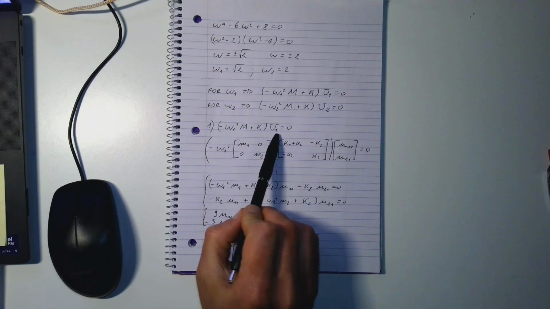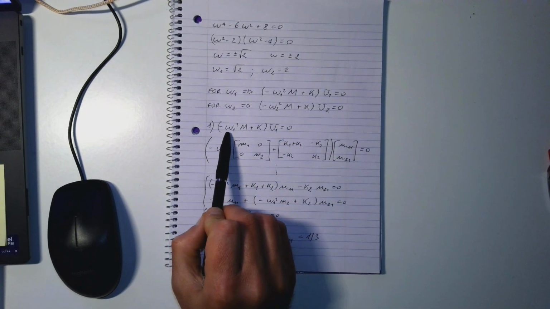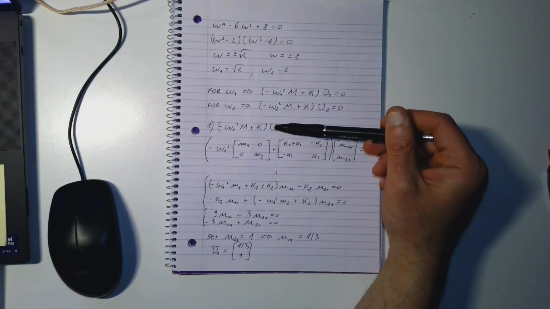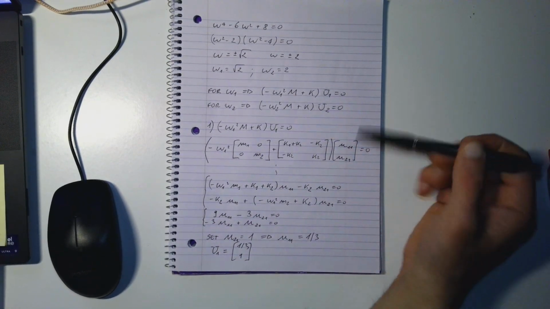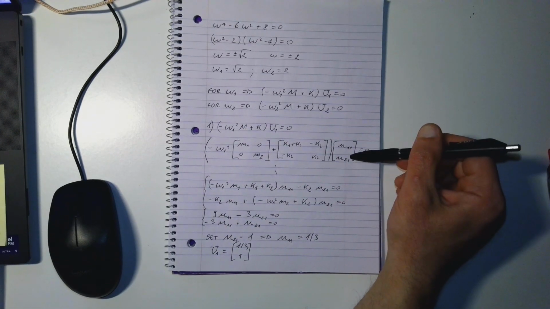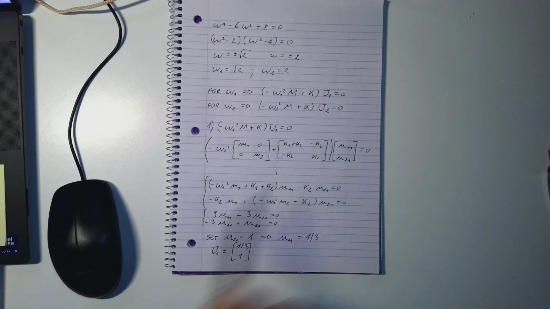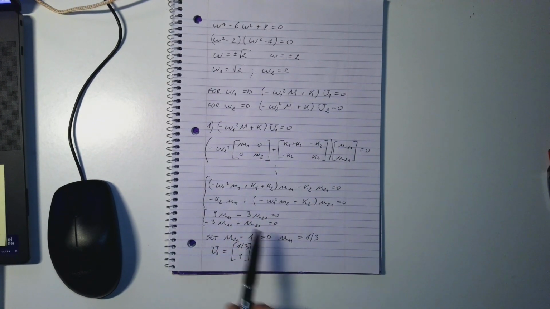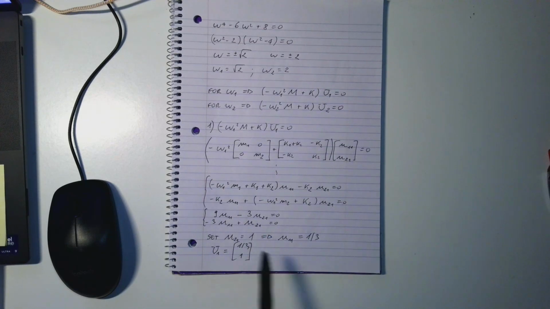When we plug in the first one, we have negative omega 1 squared m plus k times u1. In this case our unknown becomes u1, which is a vector with 2 components, u11 and u21. We can do all the summations and products, and then we end up with this system of equations.